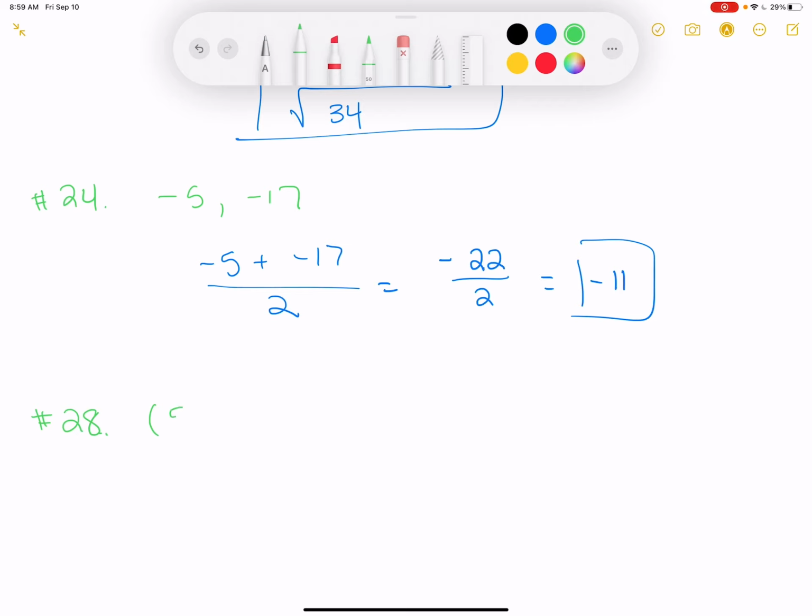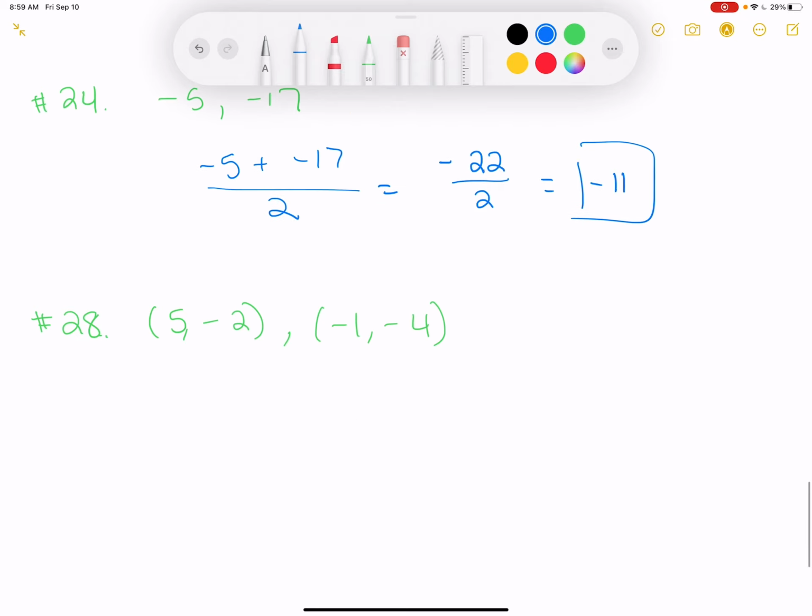Let's see. So this one is (5, -2) and (-1, -4). All right, so the midpoint, remember we're getting basically one big ordered pair. That's what I'm looking for.